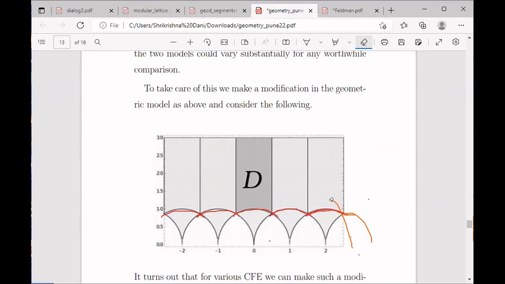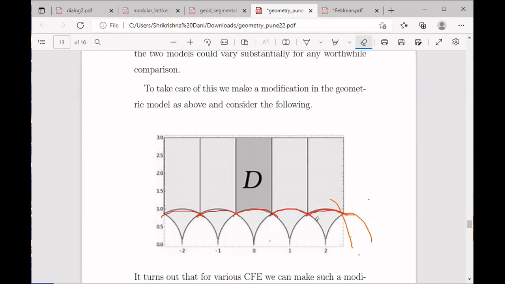Whereas the geometric picture is showing you this as the number. But then what you do is you ensure that you are thickening, you are elongating these arcs such that you can go up to here and count that as the corresponding number.